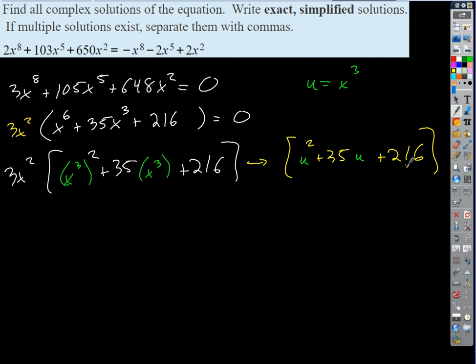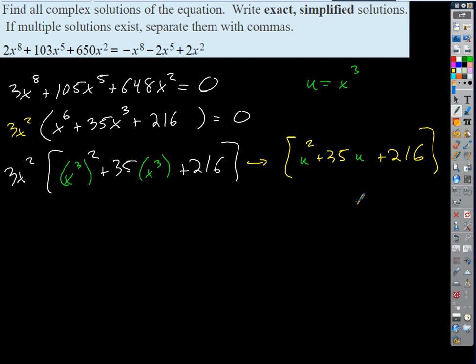Oh boy, what are those? 13 and 12. No. 27 and 9, does that work? No, it doesn't work. That's too much. 18 and 7, does that do it?